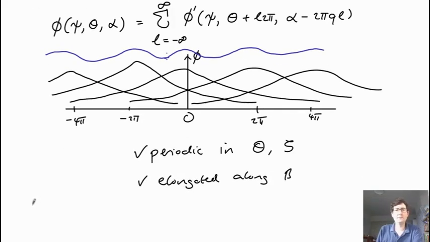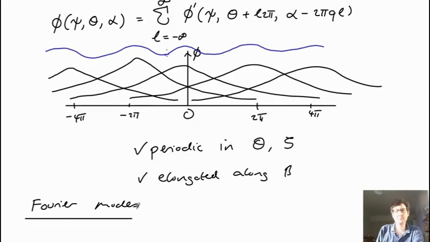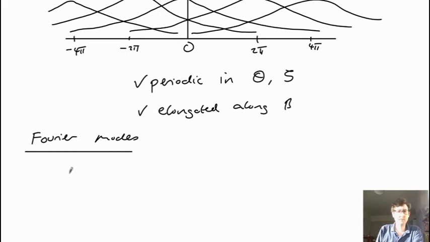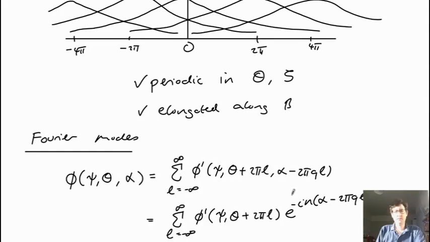Okay, so the next stage in the analysis is to look at Fourier modes. In a tokamak, we can consider each toroidal mode number separately, and so we can write down the function of, say, psi, theta, and alpha in this case, where here I've written n, the toroidal mode number.